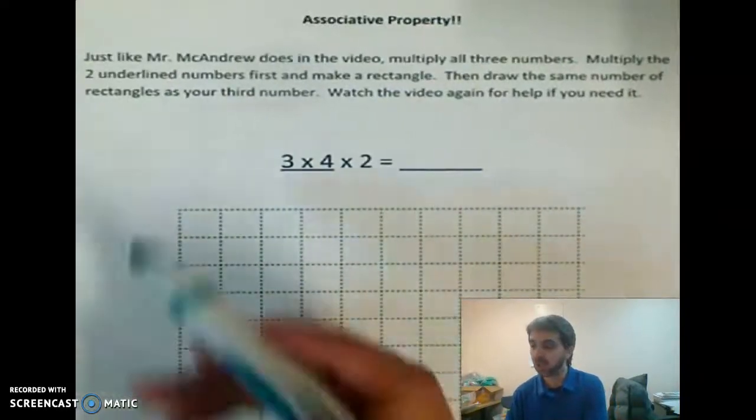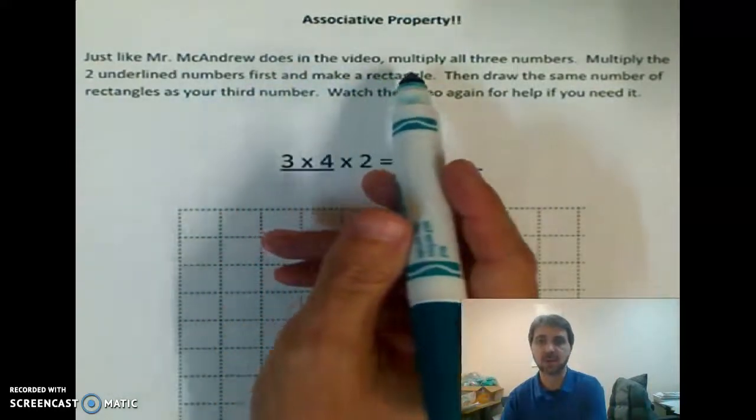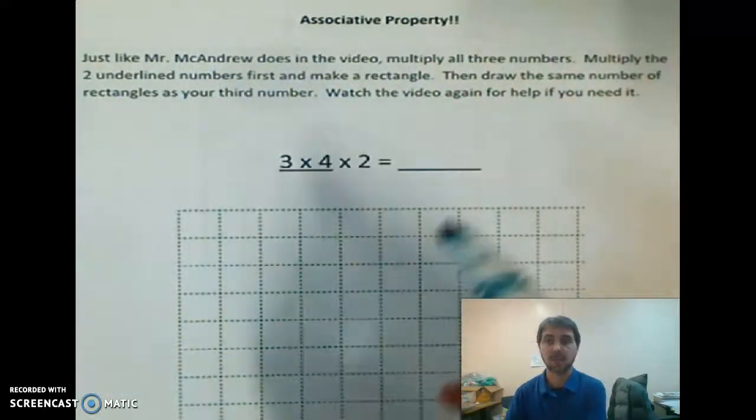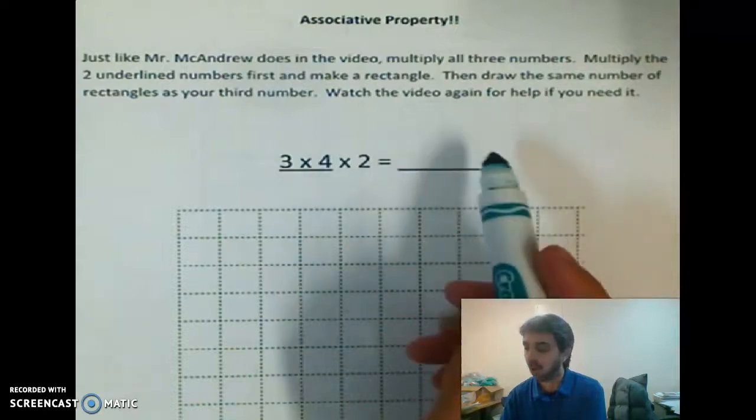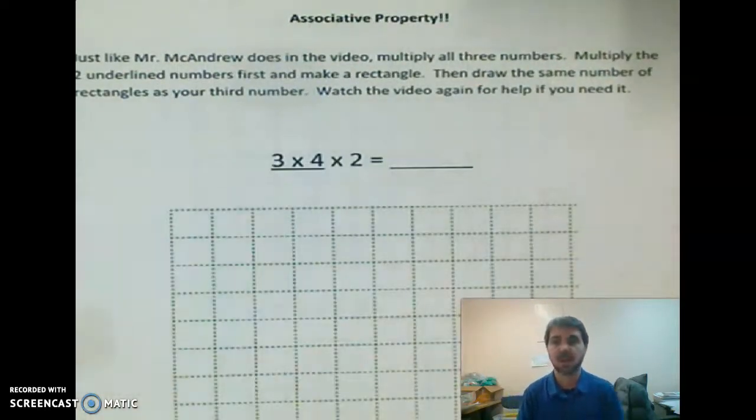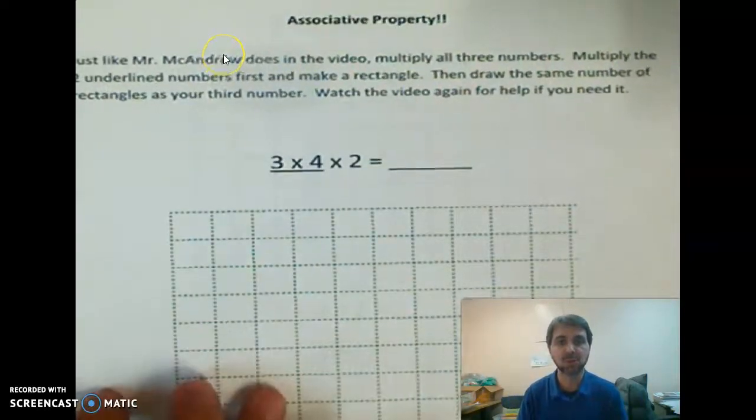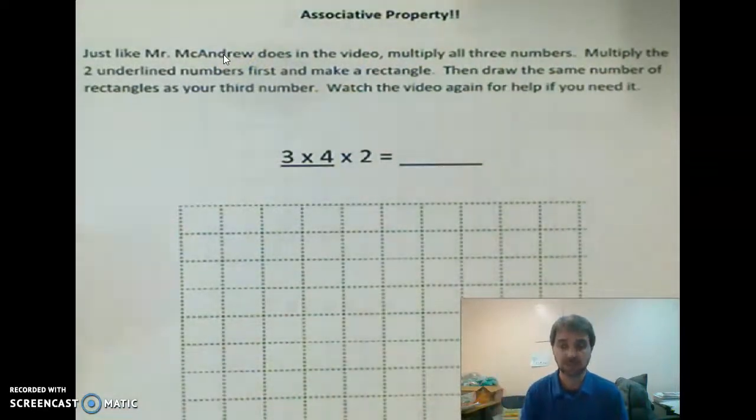Okay, so it says, just like Mr. McAndrew does in the video, multiply all 3 numbers. Multiply the 2 underlined numbers first and make a rectangle. Then draw the same number of rectangles as your 3rd number. Watch the video again for help if you need it.